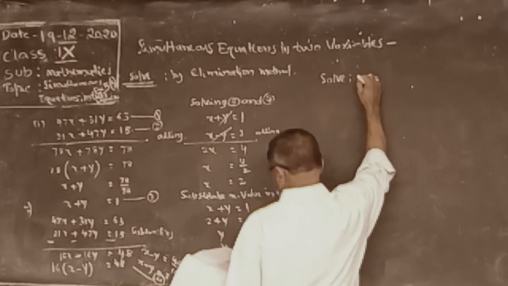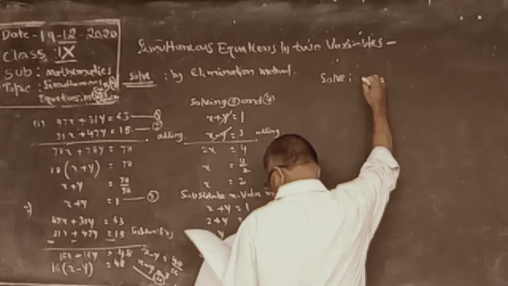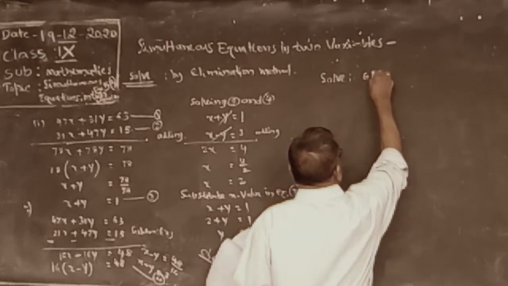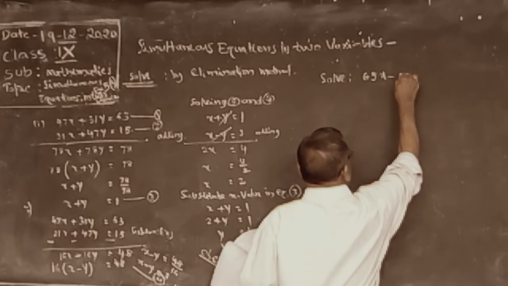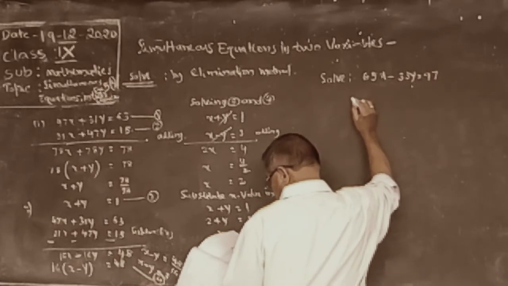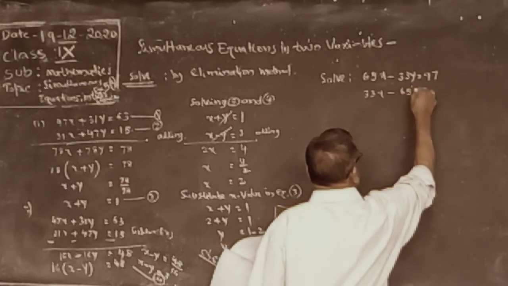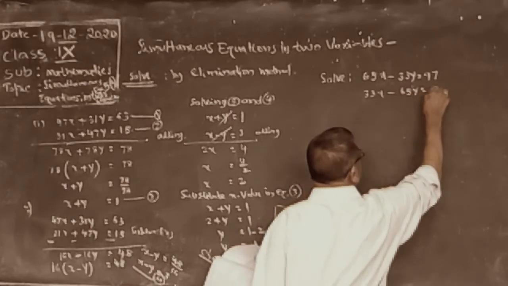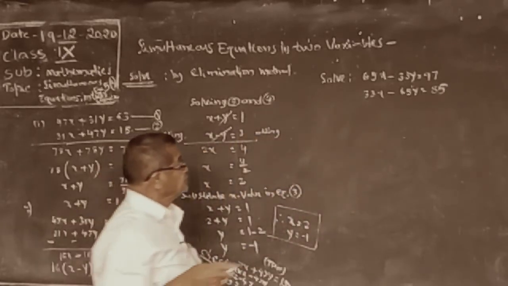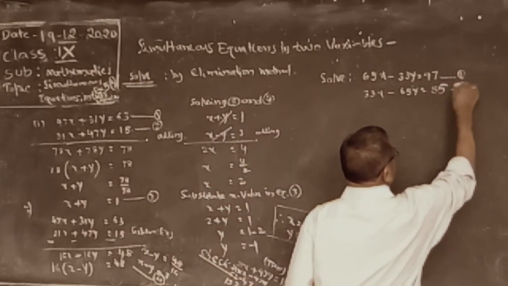Solve 65x minus 33y is equal to 97 and 33x minus 65y is equal to 85. Solve the two equations. Let's say this is the first equation, second equation.